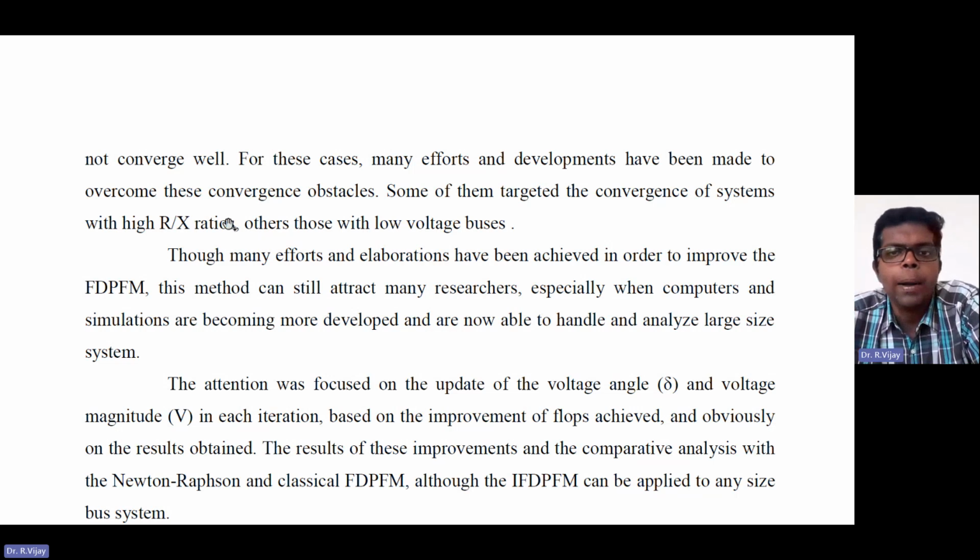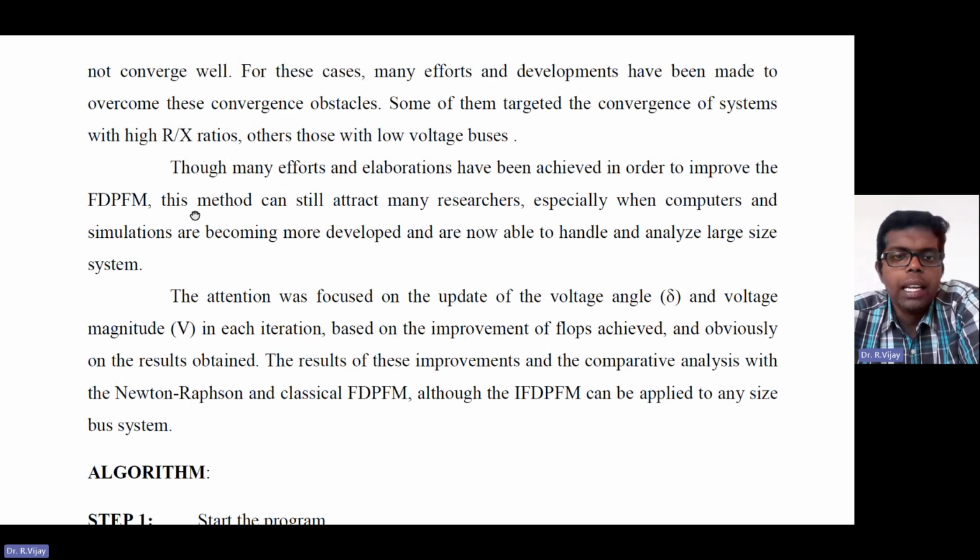For these cases, many efforts and developments have been made to overcome these convergence obstacles, and some of them targeted the convergence for these R/X ratios and others the low bus voltages. Efforts and elaborations have been made in order to improve the fast decoupled method.